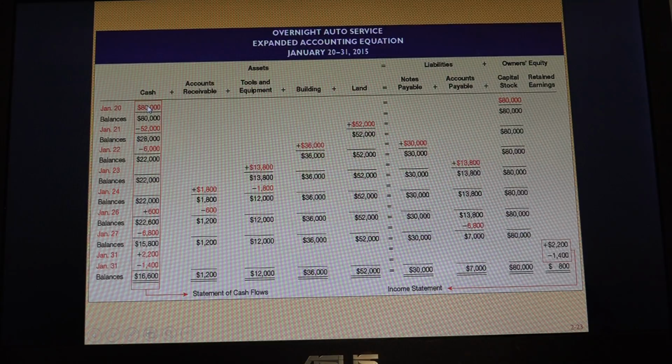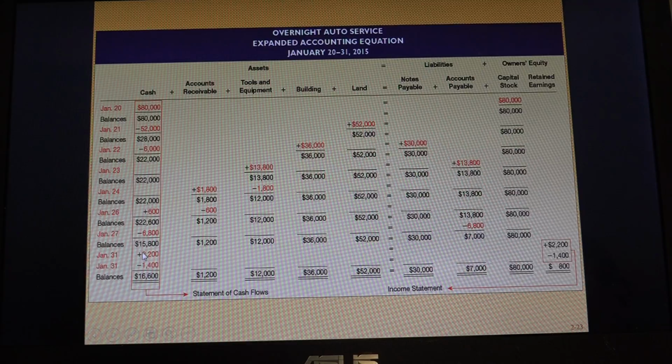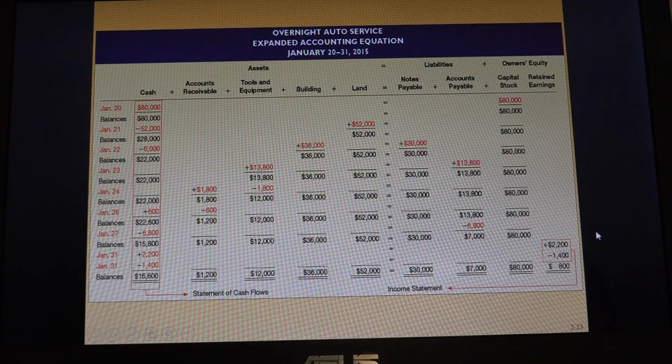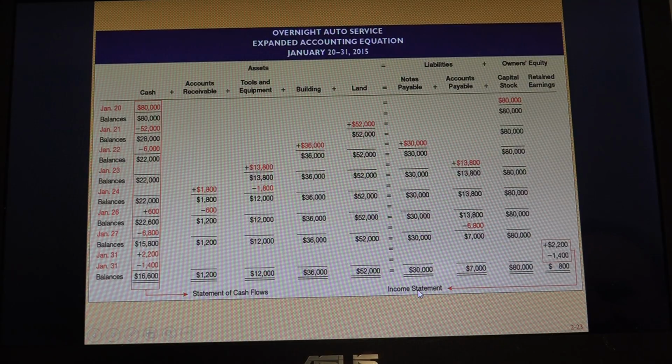If you use this kind of approach, which you wouldn't, you would find all your cash inflows and outflows over here to create a statement of cash flows, not that you would. And then an income statement you would find over here in retained earnings, your revenues minus expenses, and this would be your net income at the end of the month.